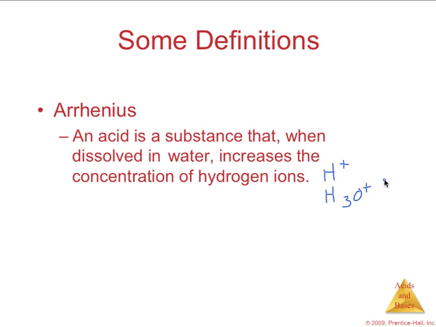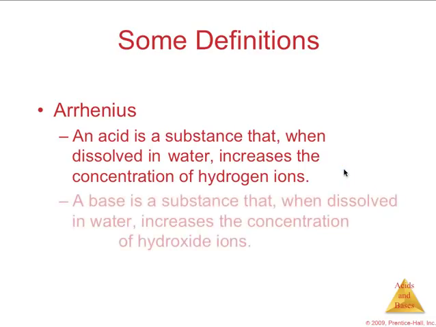These are really interchangeable. We just sometimes write that because it's easier. All right, so acid, any substance that when I put it in water increases the concentration of hydrogen ions. A base, or at least an Arrhenius base, is a substance that when dissolved in water increases the concentration of hydroxide ions. Okay?